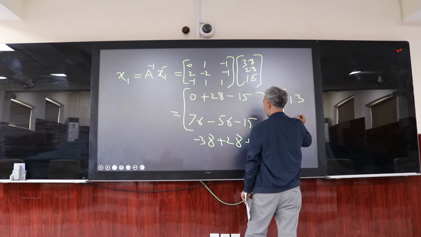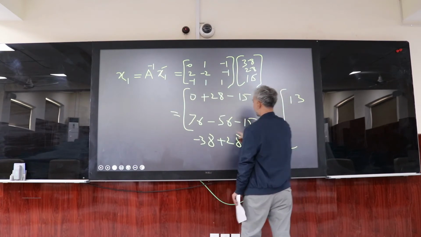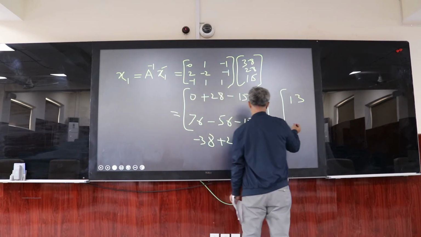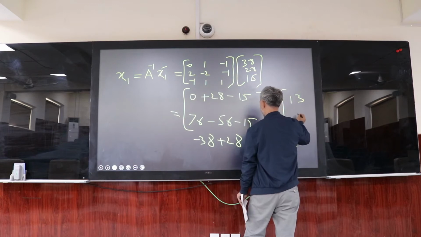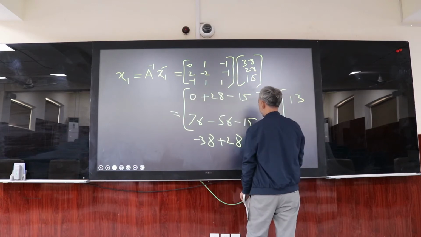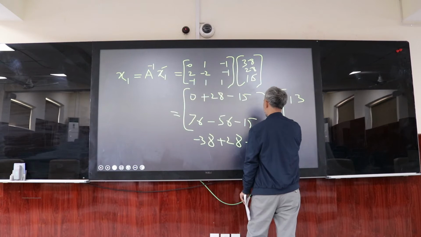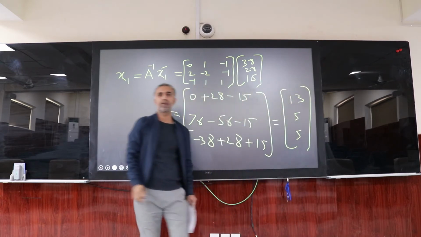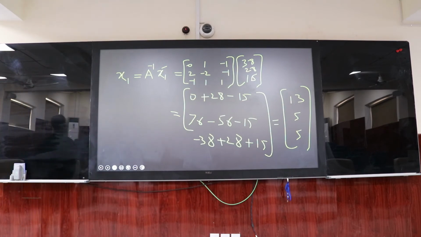Here 76 minus 71 gives 5, and 5. This is your original message.